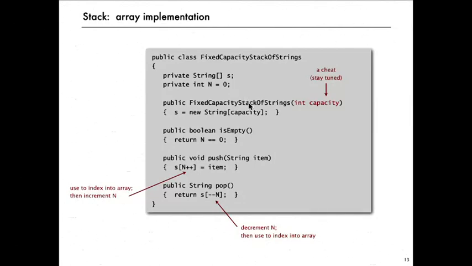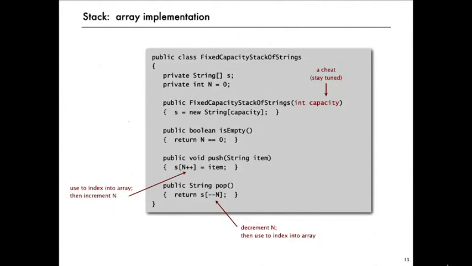This one has a constructor, and the constructor creates the array. Now, we're cheating in this implementation to keep it simple, and we'll take care of this cheat in a little while, by requiring the client to provide the capacity of the stack. In a few applications, this might be fine, but in many, many applications, that's too onerous a requirement.